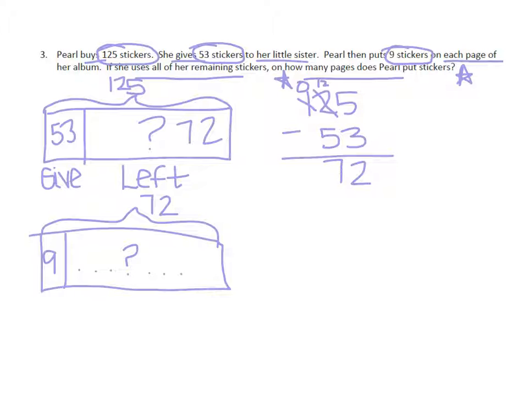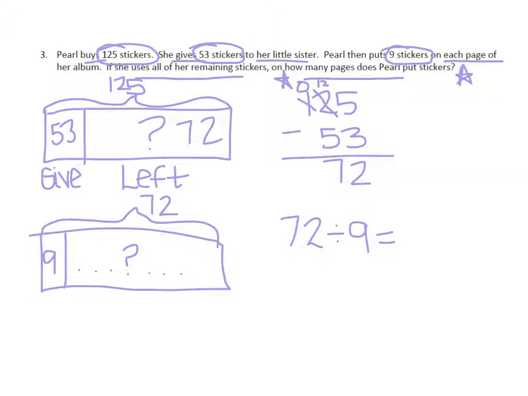and she's putting 9 stickers on each of the pages. So what am I going to have to do with the 72 stickers that she has and the 9 stickers that are going to go on each page? So she's sharing those stickers, which means that I need to divide. How would I figure out what 72 divided by 9 is?